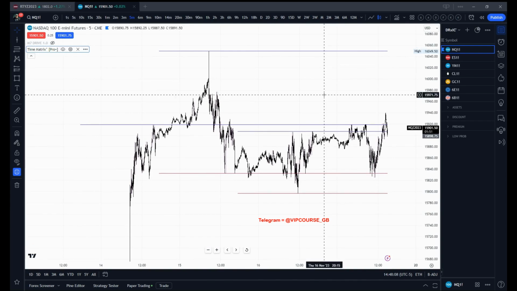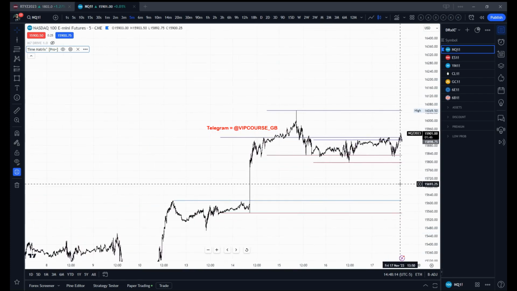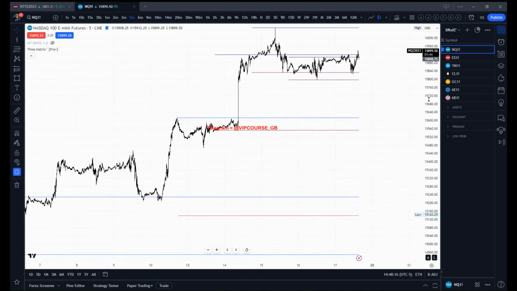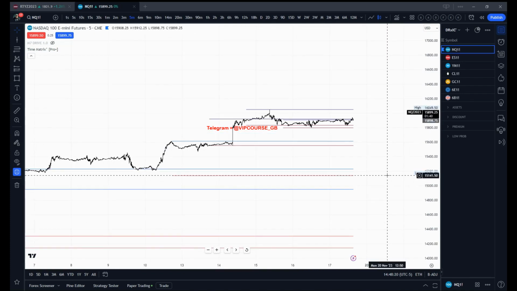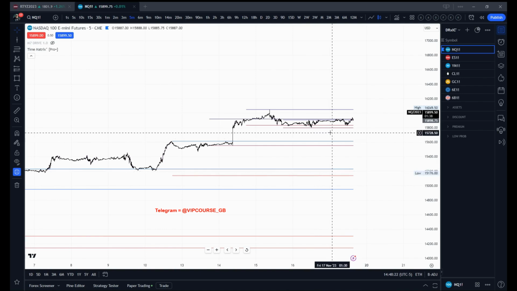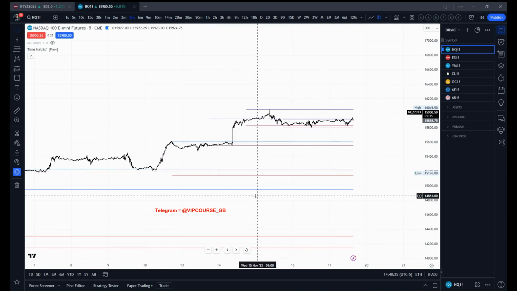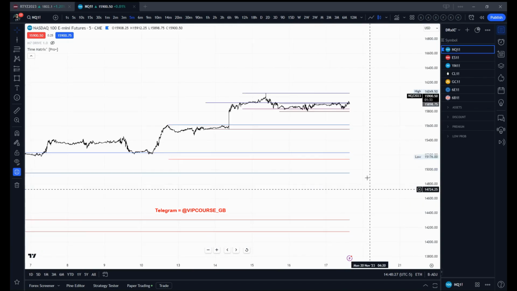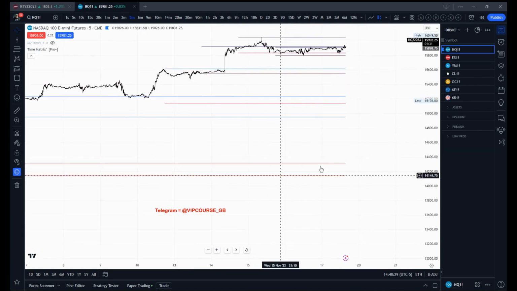I put the higher time frame and a thicker weight because I want to see where the 3 weeks highs and lows are. See 1, 2, 3. Previous week's high, previous week's low.